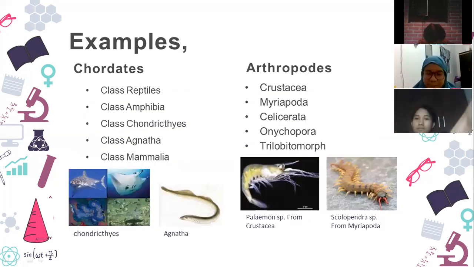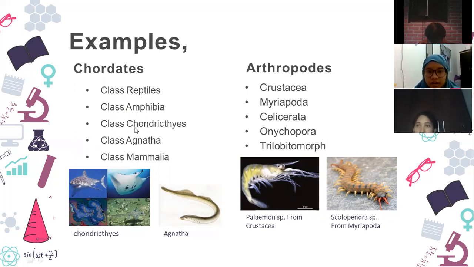And their classes too. In this PowerPoint, we can see the names of their classes. First, we can see chordates, which has class reptiles, class amphibia, class chondrichthyes, which is fish, class agnatha, which is some kind of eel, and then the last one is class mammalia.